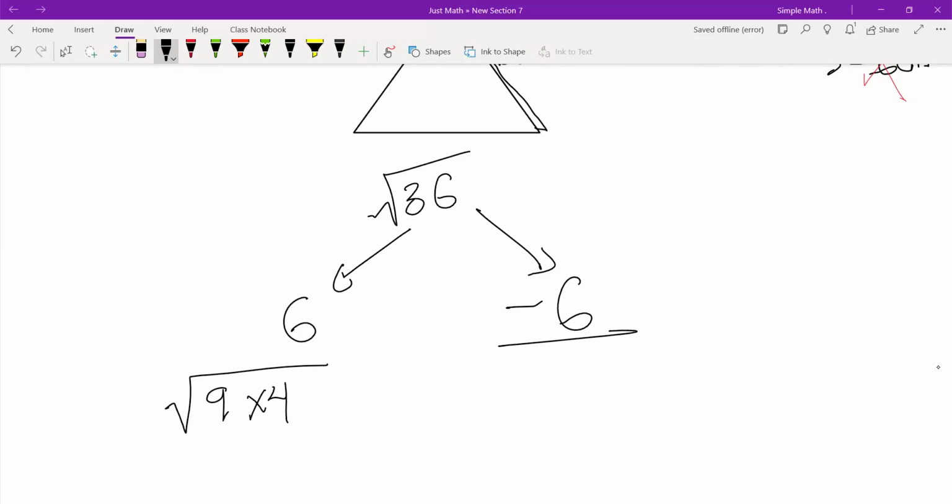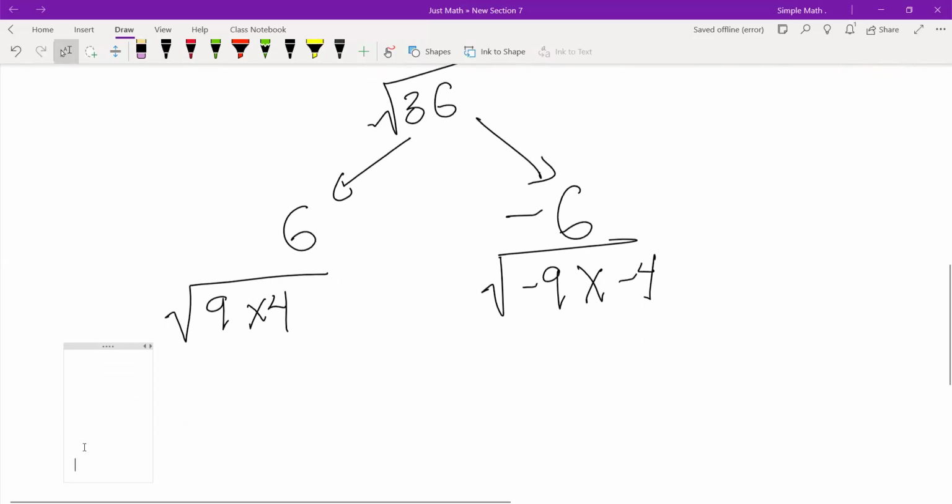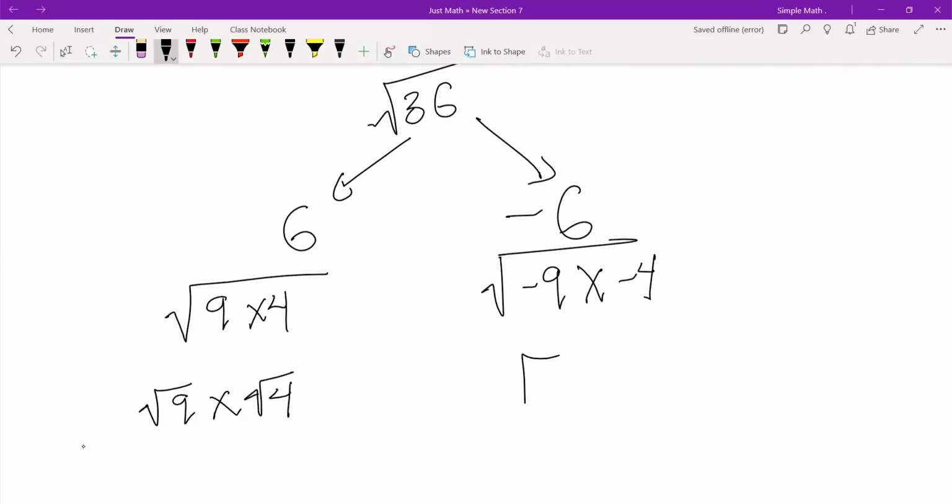We can also write this as -9 times -4. I want to use these two because both are perfect squares. So I can break these down and say this is root 9 times root 4, and this is also root -9 times root -4. So this gives me 3 times 2, which is equal to 6.